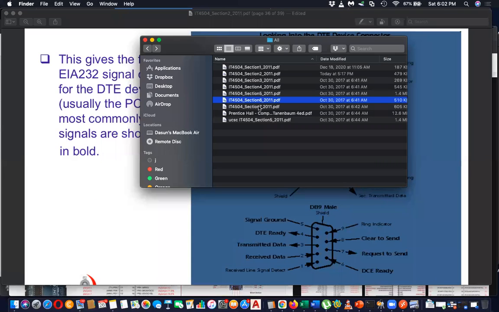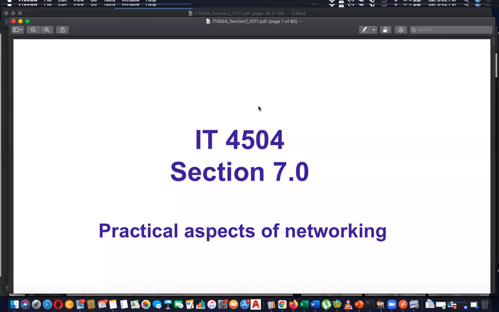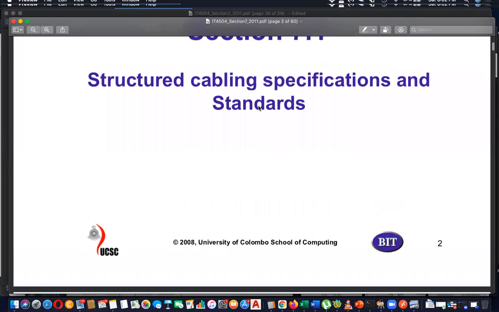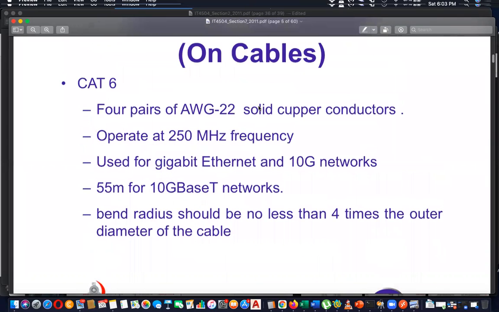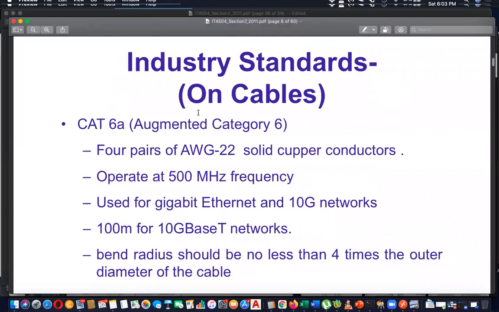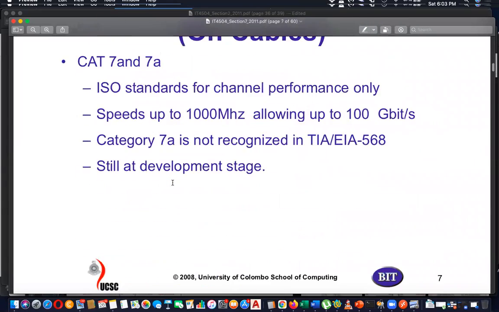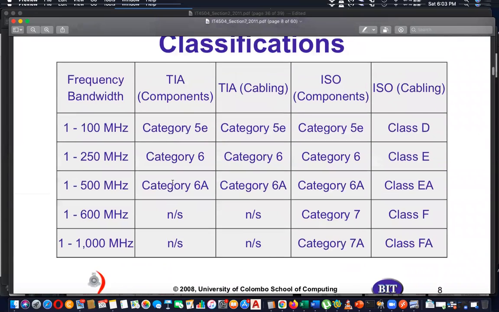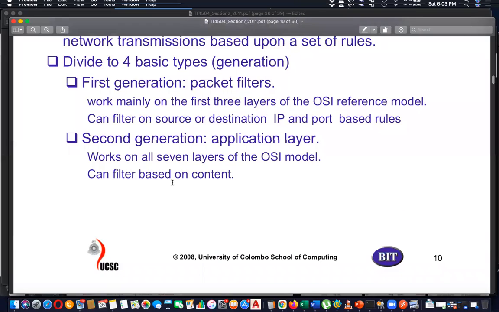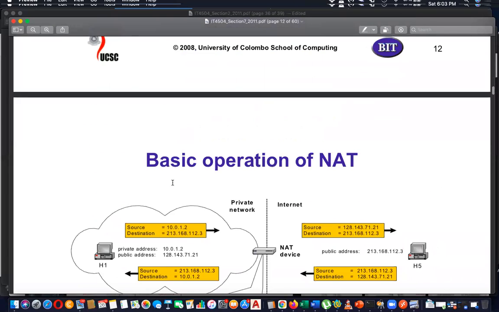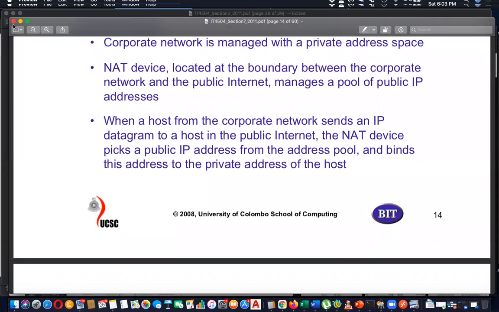And finally about section 7, practical aspects of networking. So these things actually we have already discussed. Cat 7, Cat 6, 10 base T, 100 base. So we have discussed these things over here. And network security management, the firewall and all. So that is the last chapter.